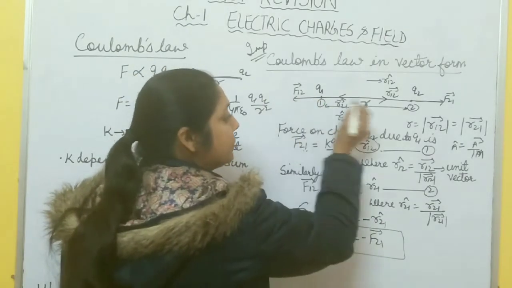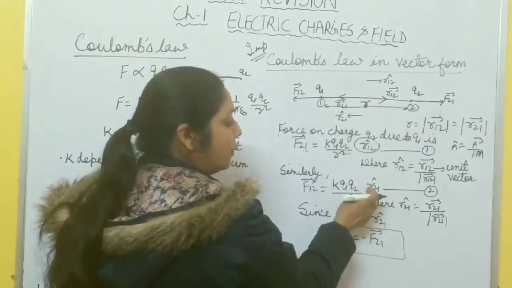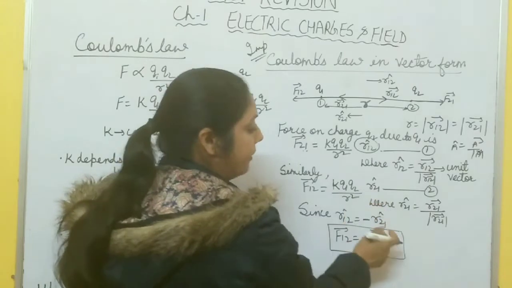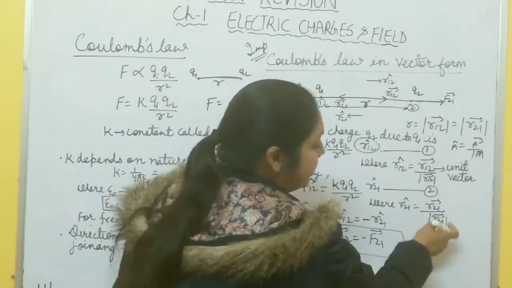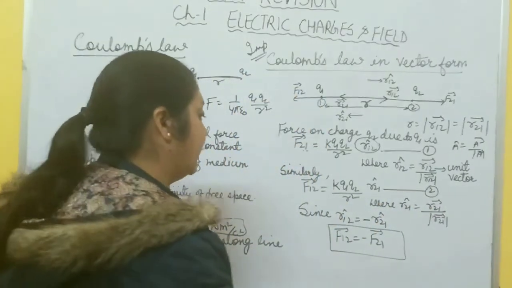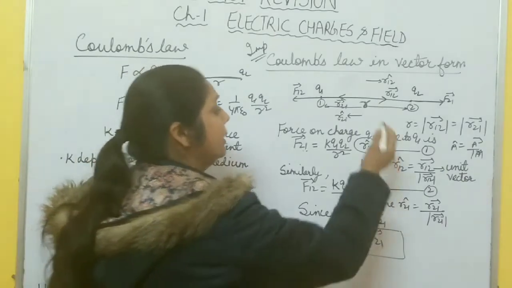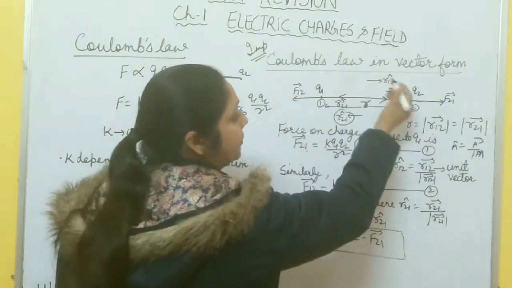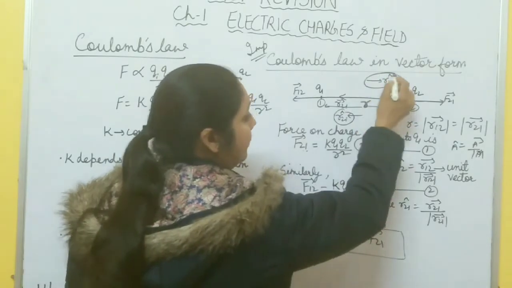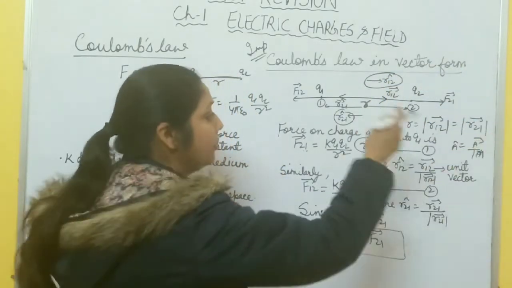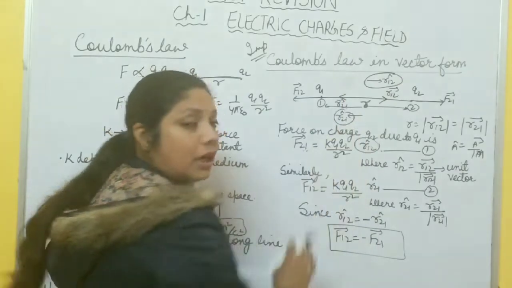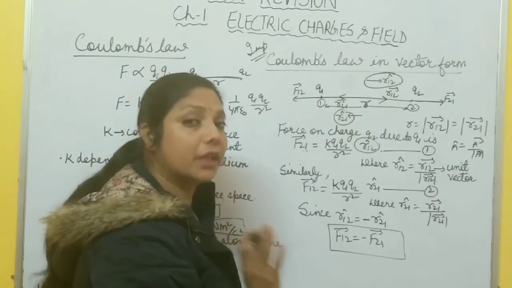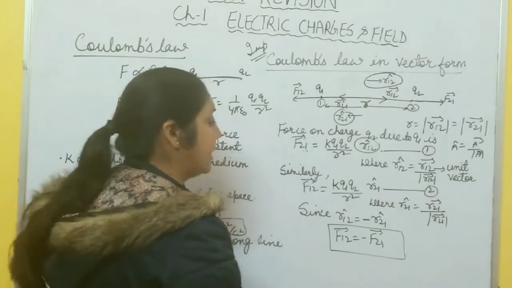Now the direction of this force is from 2 to 1, so r21 cap. And r21 cap is R21 vector by magnitude R21. You know that R21 is in this direction, the left side, and R12 is towards the right side, right? Both are equal but opposite in direction.